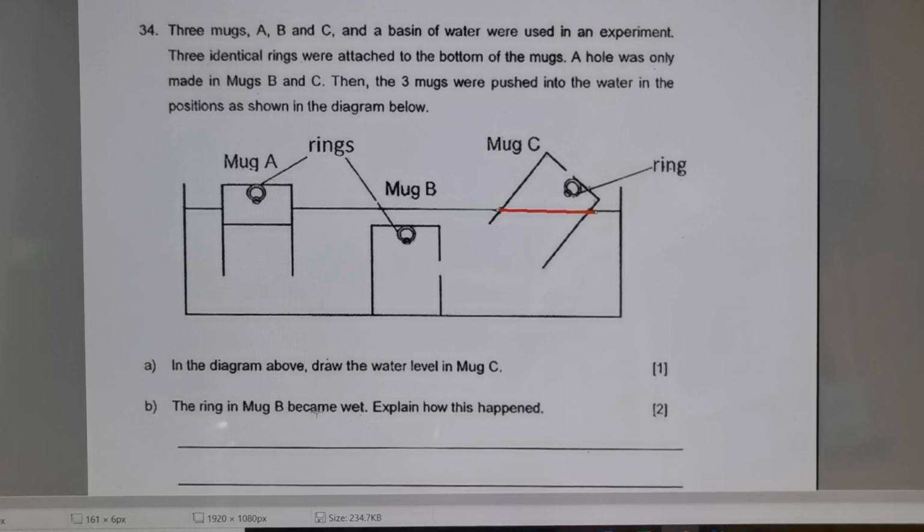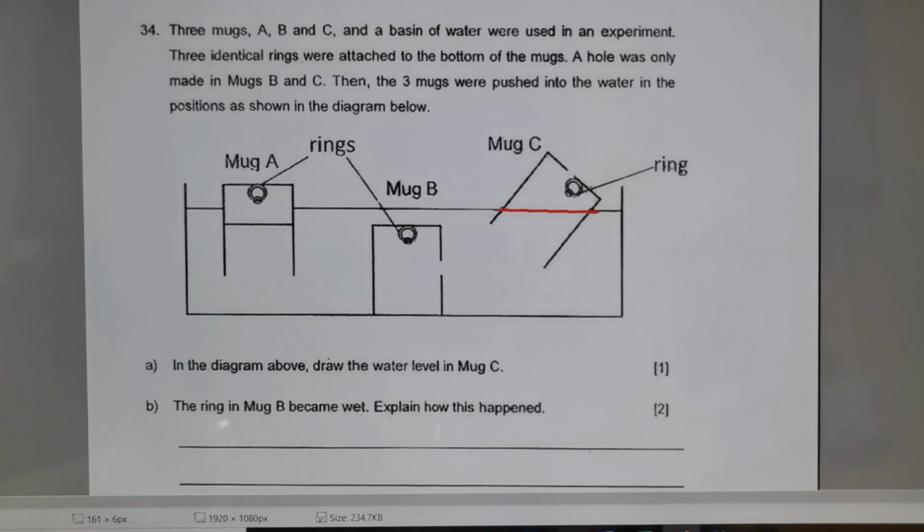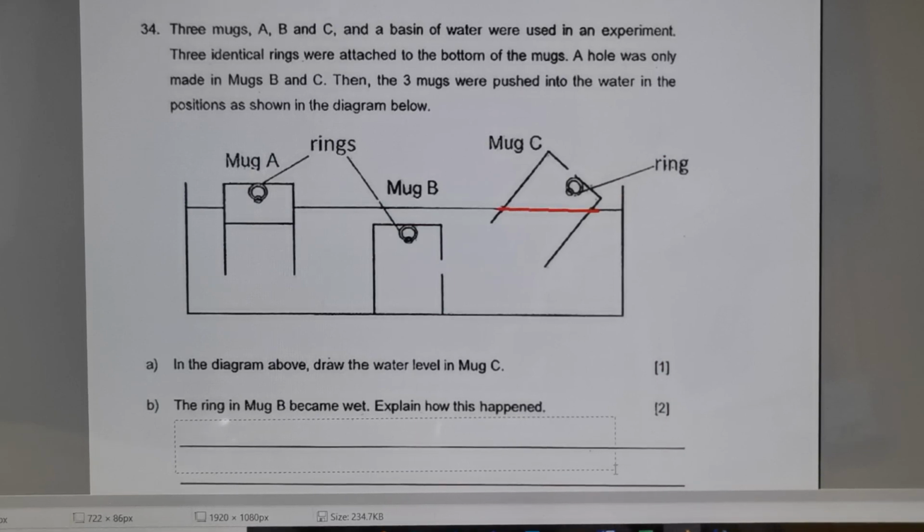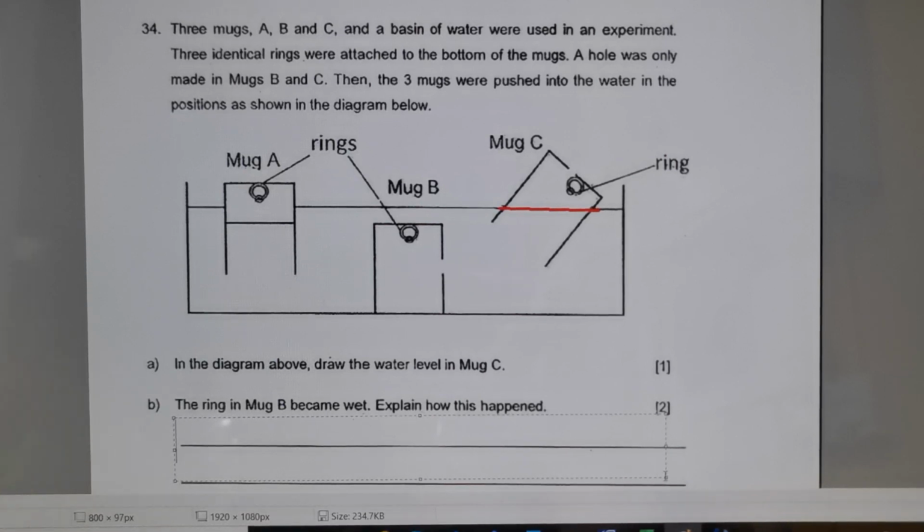Now let's go to part B right now. Now they say, the ring in mark B became wet. Explain how this happened. Now perfect, I can use typing from here. Now I'm going to type the answers here. Do you still remember I was teaching about this one? Blank takes the space of blank. Can you recall blank takes the space of blank?